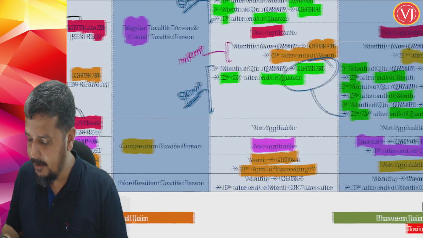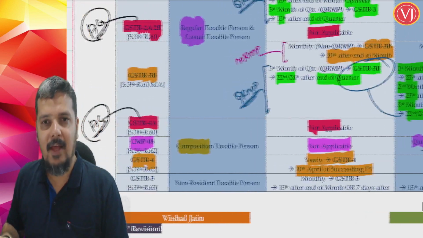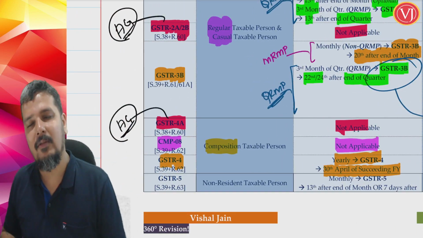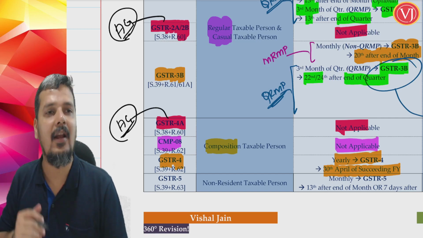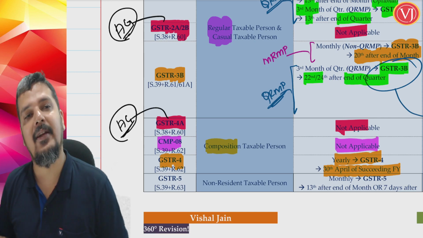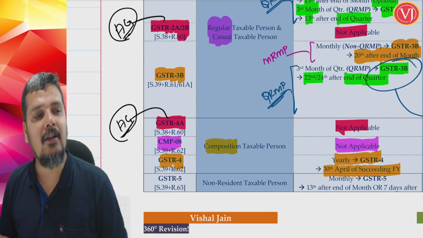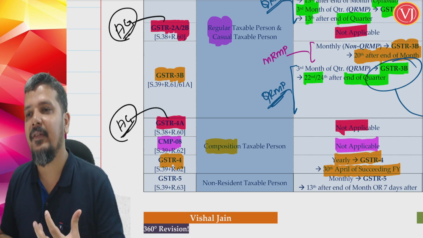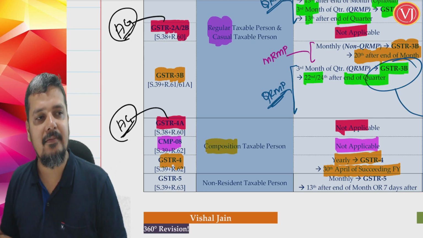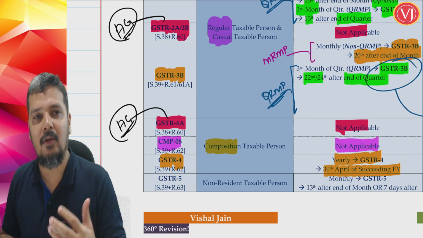And also understand that 4A is not at all relevant because composition taxable person will not get any input tax credit. So not so important. Though it is there, it's not so important.